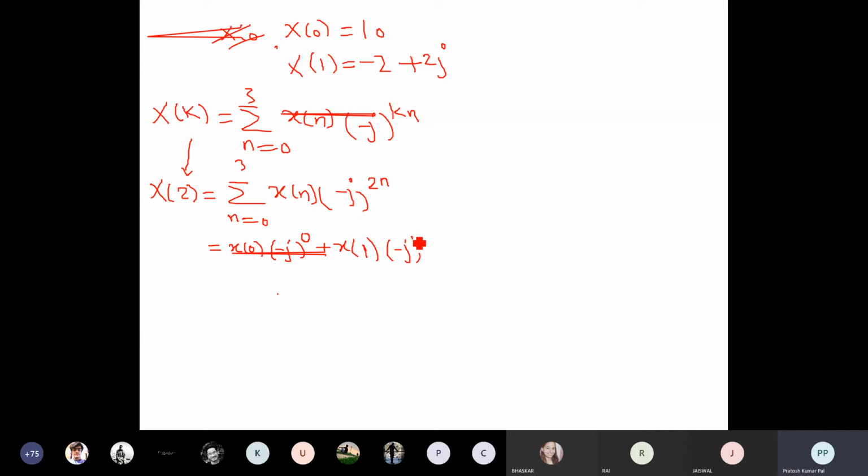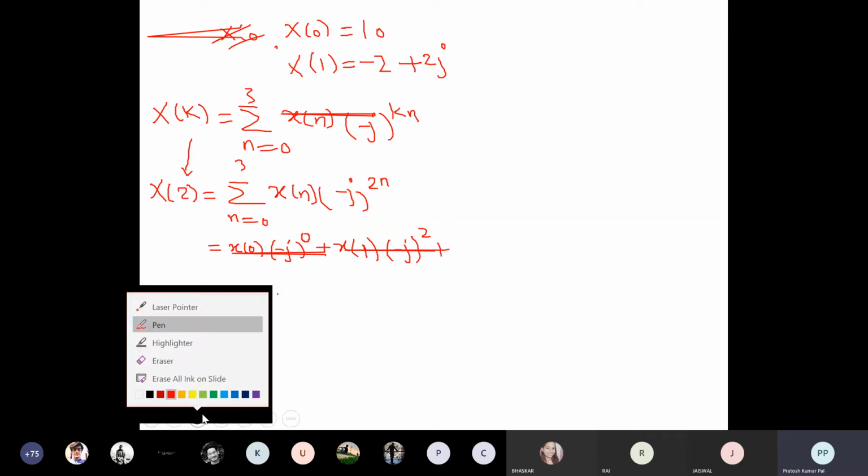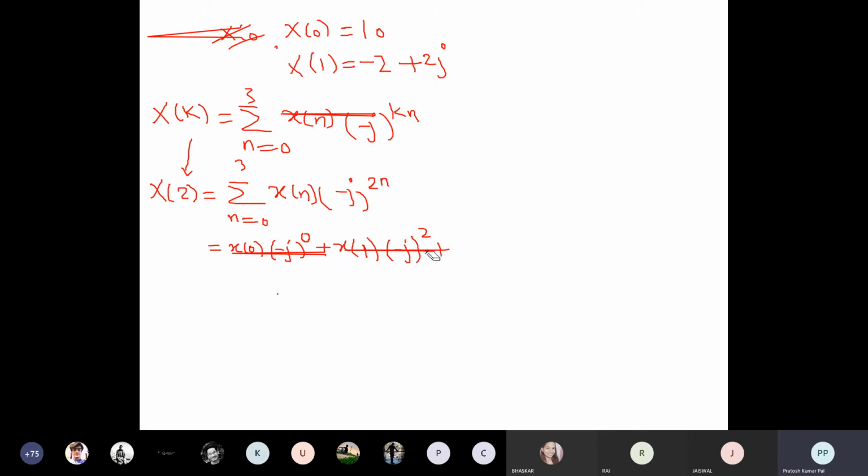Here n is equal to 1, so x of 1 times minus j to the power 2.